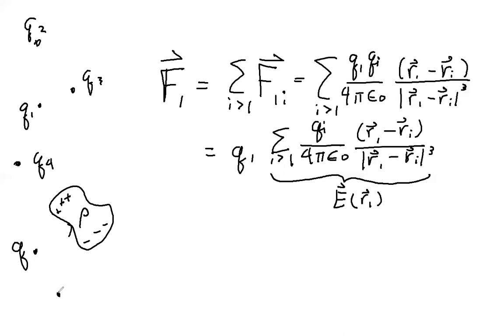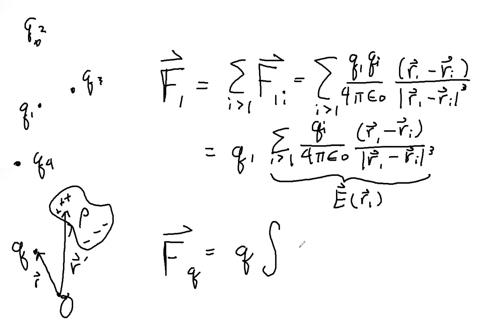In this case, we again define an origin of the coordinate system here. We call this vector R, this vector R prime, and basically we get the same expression, except now instead of a discrete sum, we have an integral.